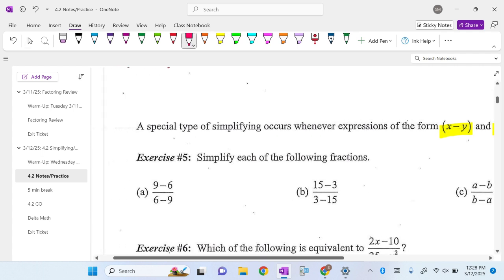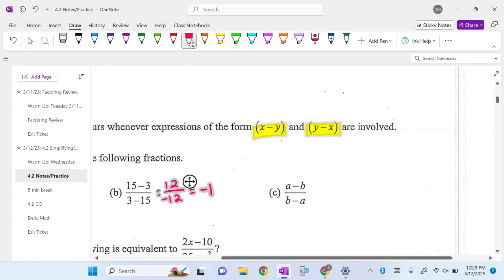So if I look at example A, what's 9 minus 6? 3. What's 6 minus 9? Negative 3. If I simplify that, what do I get? Negative 1. 15 minus 3 is what? 3 minus 15. Negative 12. Simplify, it's negative 1.